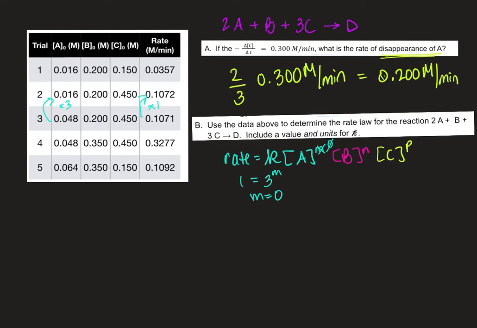Now we're going to figure out the order of the reaction with respect to B. So let's find trials where A concentrations and C concentrations stay the same. It looks like if we compare 4 to 3, these are constant, these are constant. So from here to here versus the rate from here to here, the rate is increasing by 3, and the concentration here is increasing by 1.75.